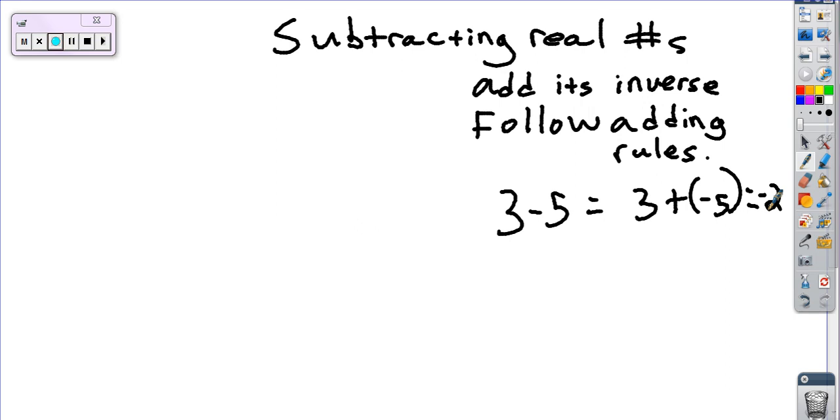The answer is yes, because when you subtract two real numbers, you'll still get a real number. You'll never get a number that's not real. So just food for thought on that.